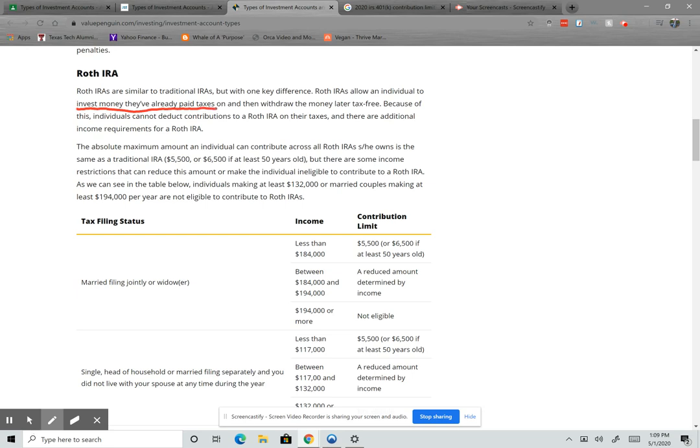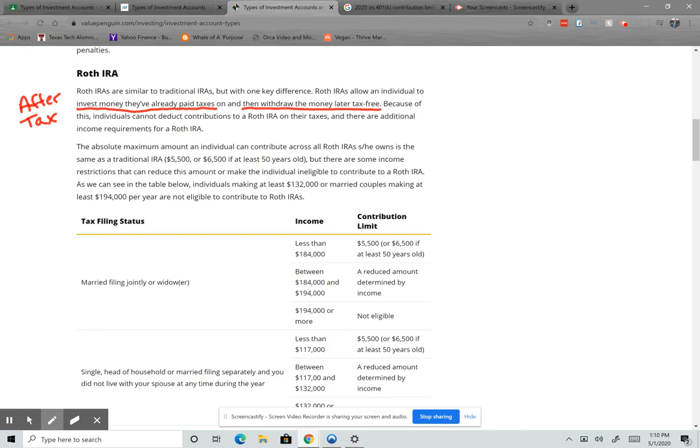So after-tax money, and then withdraw that money later on tax-free. You never pay taxes on it ever again the rest of your life. It will grow tax-free, and then you never pay taxes on it. It's really nice.